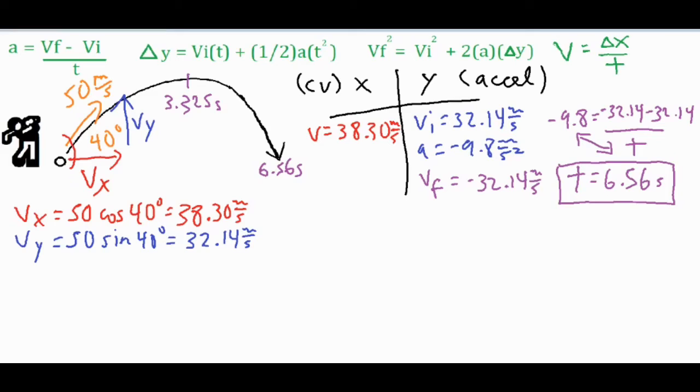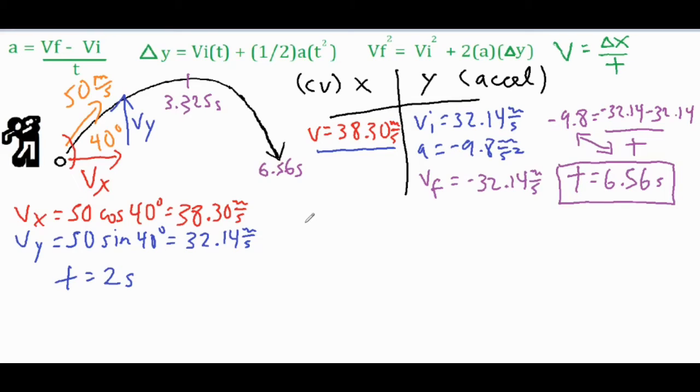So say, for example, we wanted to find the overall velocity at t equals 2 seconds. What we would do is look for the vertical velocity at that point because we know the horizontal velocity is going to remain constant at 38.30 meters per second. So we basically want to piece together a triangle and find a resultant.